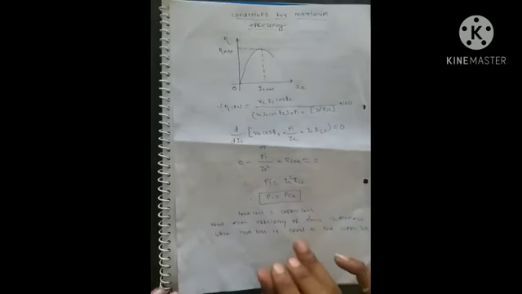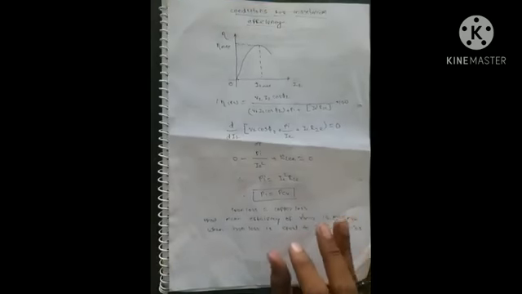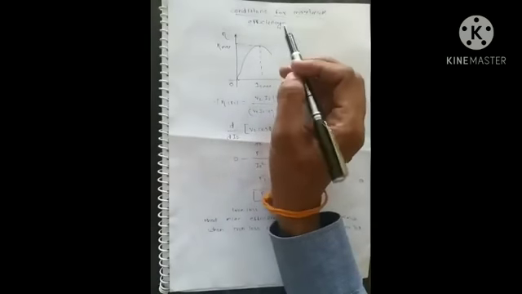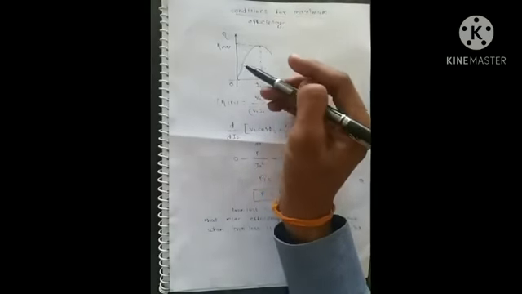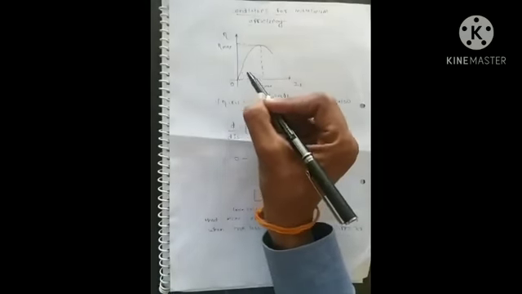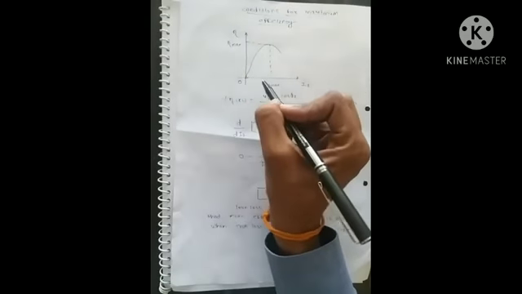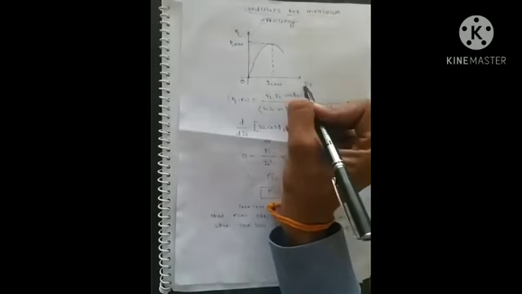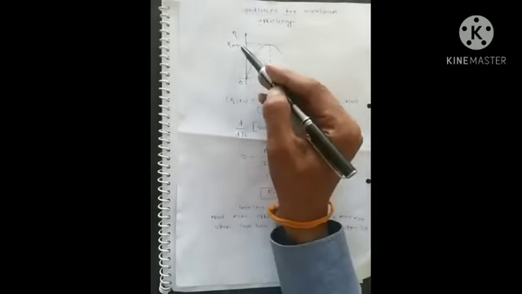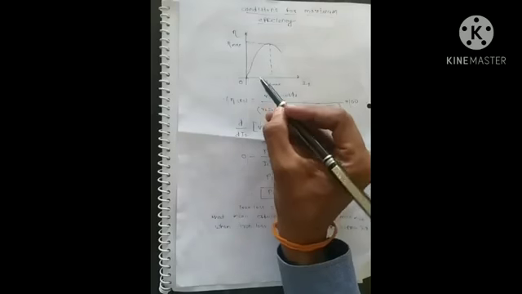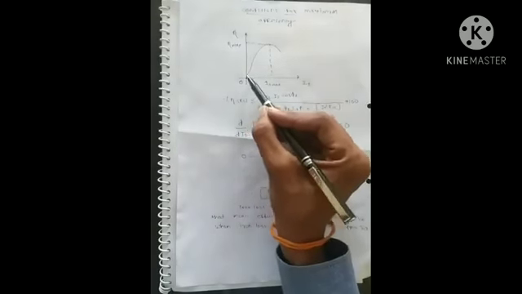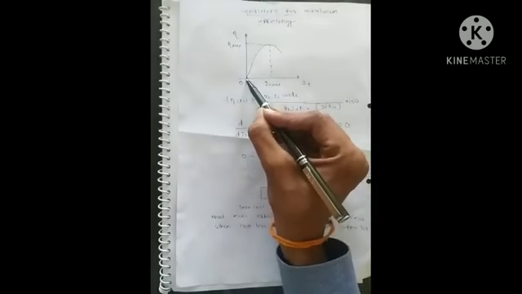So here we will explain it again. Condition for maximum efficiency: the efficiency totally depends upon the load current. Here we draw the load current versus max efficiency graph. When the load current I2 is 0, the efficiency is also 0.